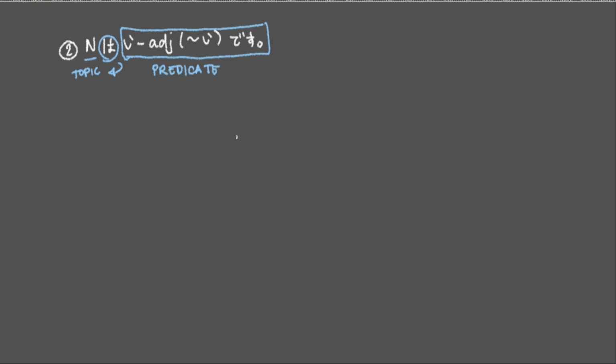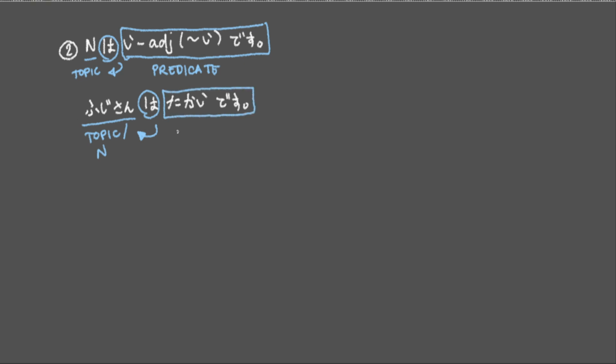For example, the example we had in our slides is Fuji-san wa takai desu. Fuji-san here is the topic or the noun. Wa here marks it as a topic. Takai, this is the predicate.